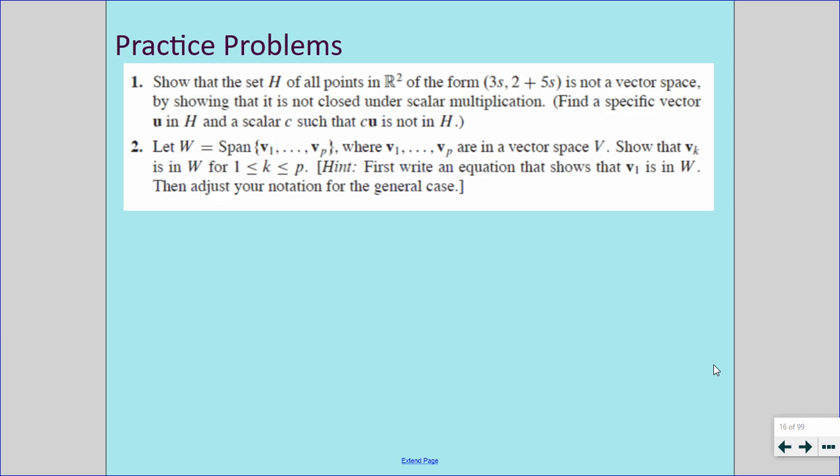So what that means is that if we pick, let's say, s equals 1, and take a look at this point, 3s comma 2 plus 5s, for s equals 1, you get the point 3 comma 7.